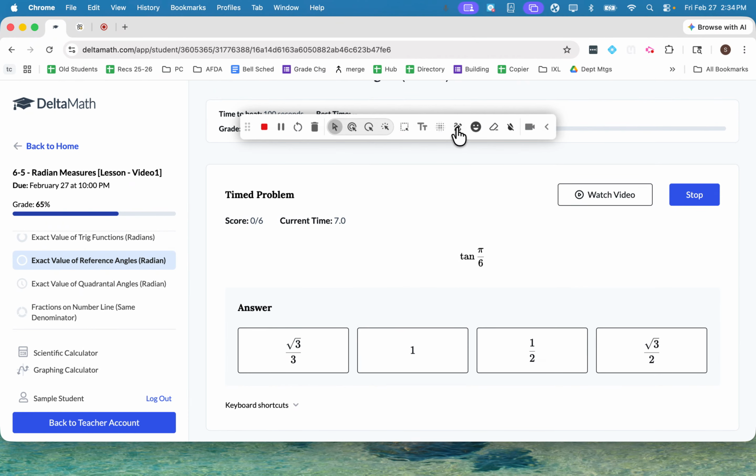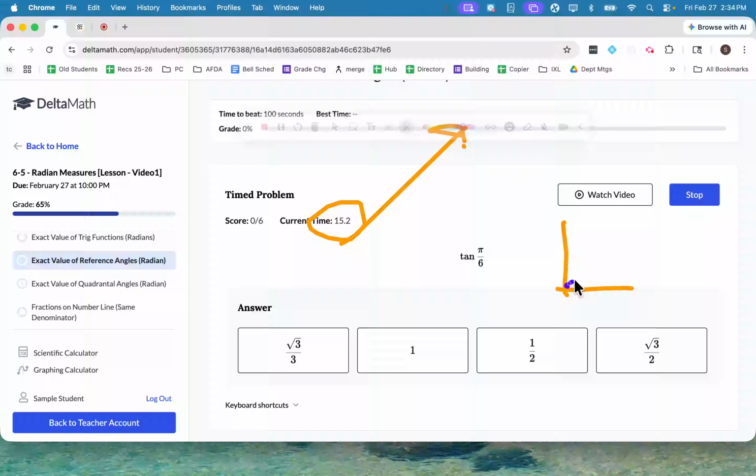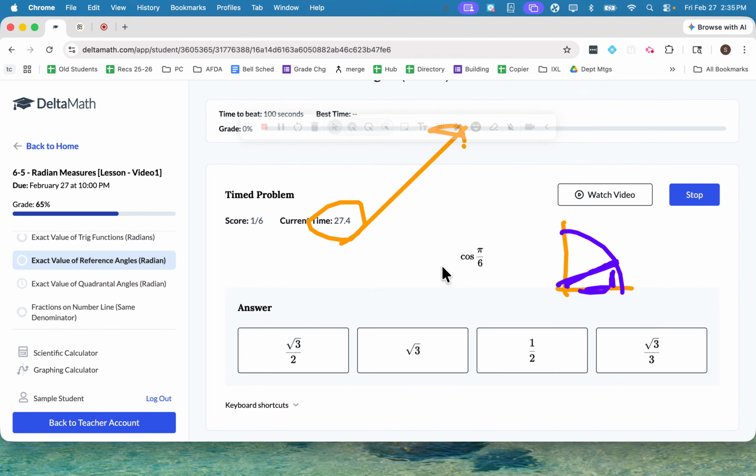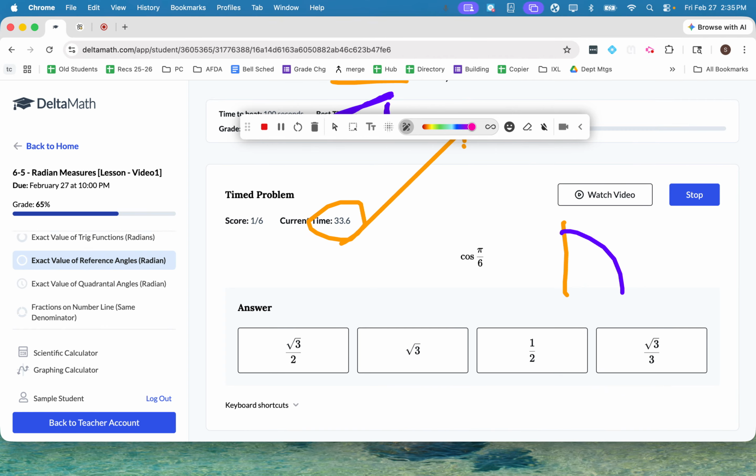In terms of speed, I think these are all in quadrant 1 for the speed test. Tan of pi over 6, it's short over long. That is less than 1. Cosine of pi over 6, that was the same location, wasn't it?